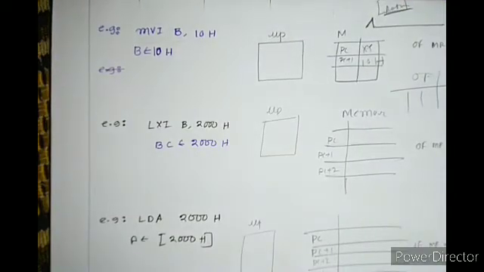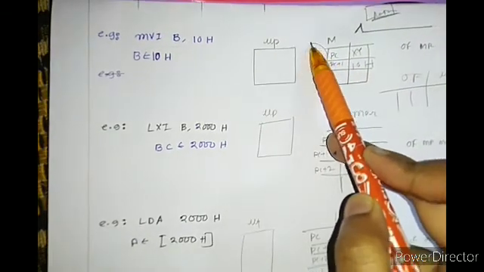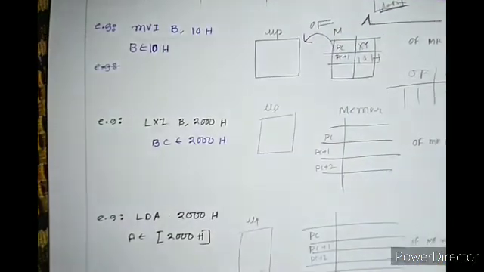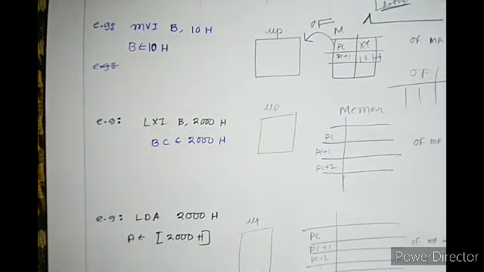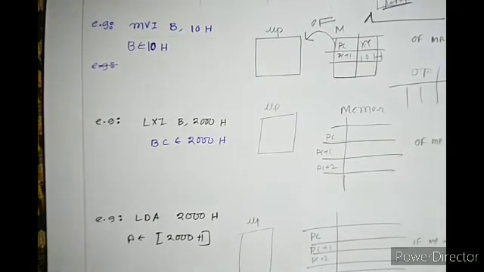Now how will this get executed? First the MP will fetch this, which is opcode fetch. Obviously one machine cycle, opcode fetch, will happen. Only then can you understand what your next move will be. So first opcode fetch happens, then it decodes that I have to get the data into the B register.